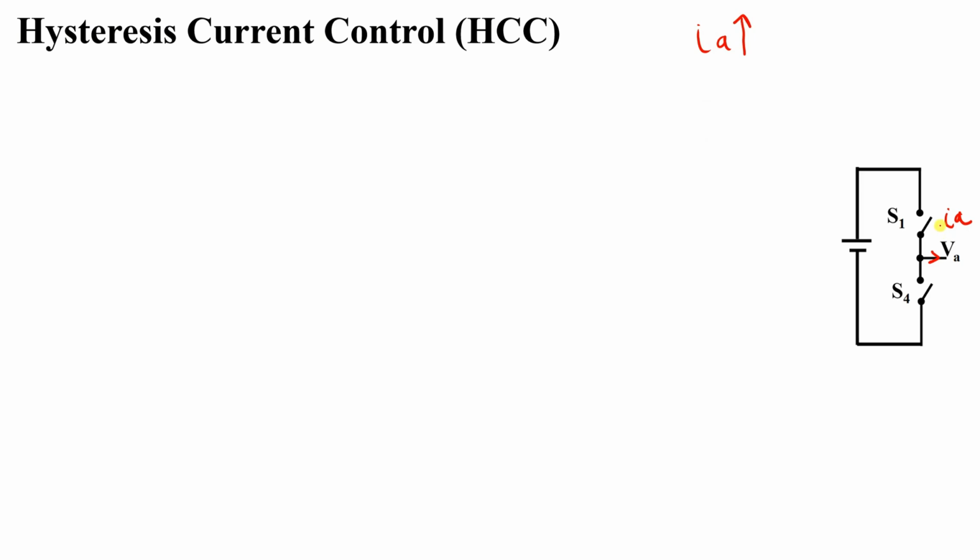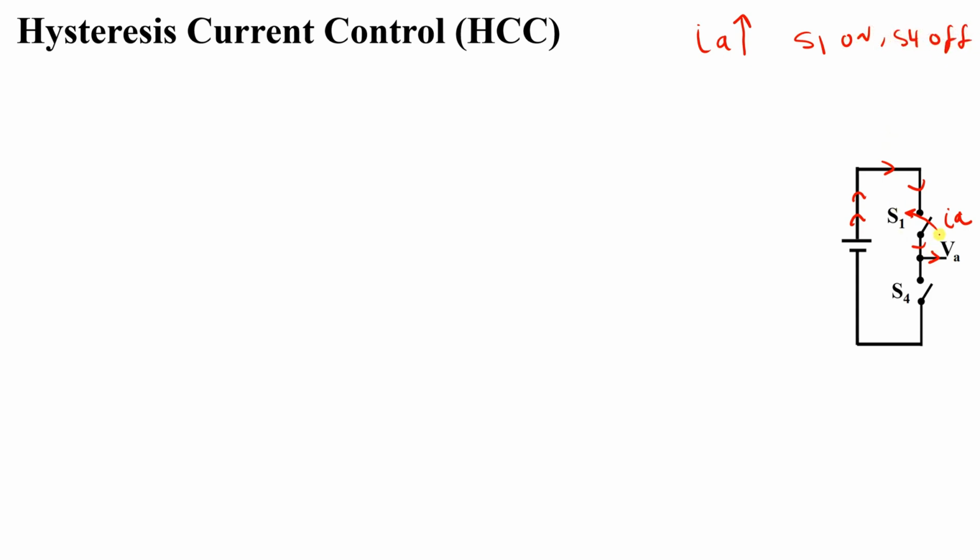Should I switch S1 or should I switch S4? By logic, you will close S1 and make S4 open. Why? Because this DC source will give a current in the same direction as IA, or it will help boost the current IA. So S1 will be on and S4 will be off.